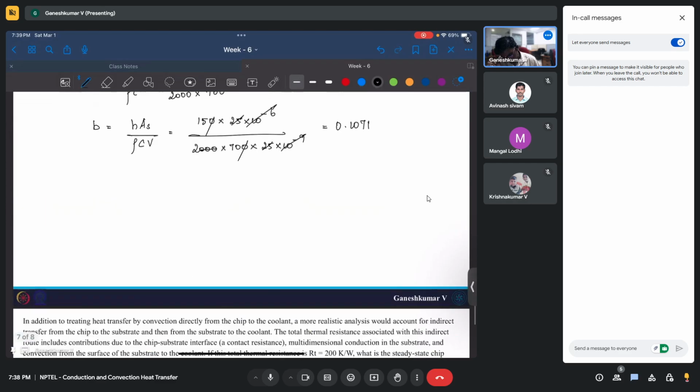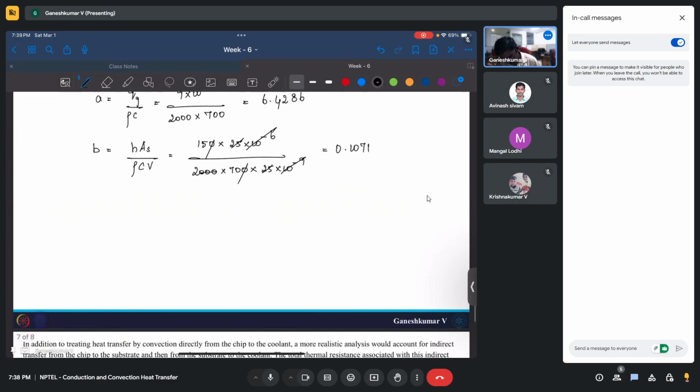Now let's substitute these values. So time here is nothing but logarithm of A, which is 6.4286 minus 0.1071 theta, divided by minus 0.1071, from 0 to 59.